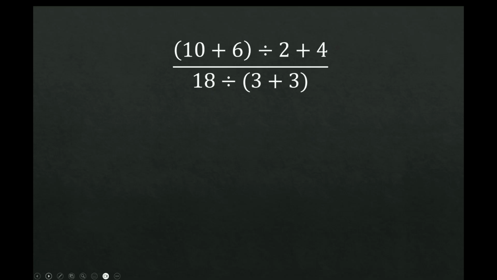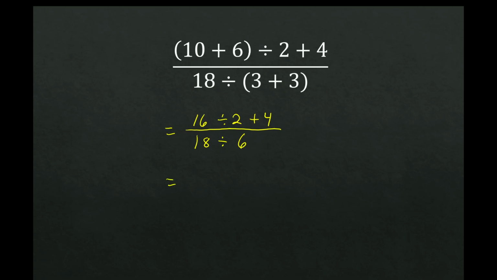Now, what about this one? 10 plus 6 divided by 2 plus 4 over 18 divided by 3 plus 3. So now we've got some parentheses involved. So we'll do the parentheses first. So 10 plus 6 gives us 16. On the bottom, we have 18 divided by 3 plus 3, which is going to give us 6.